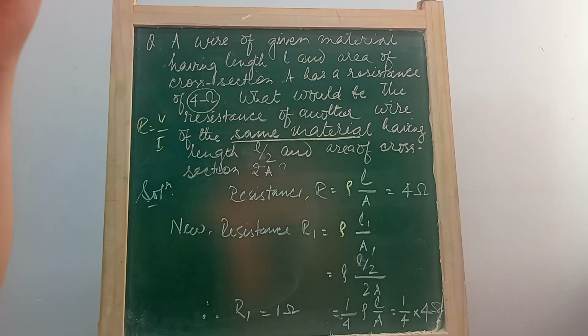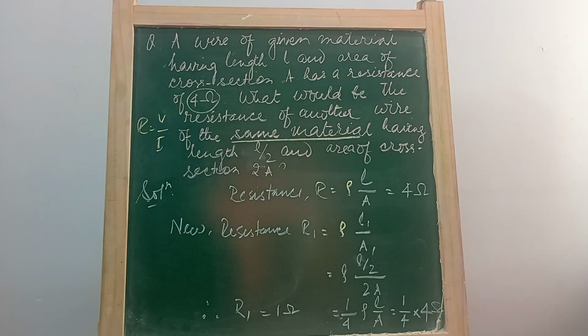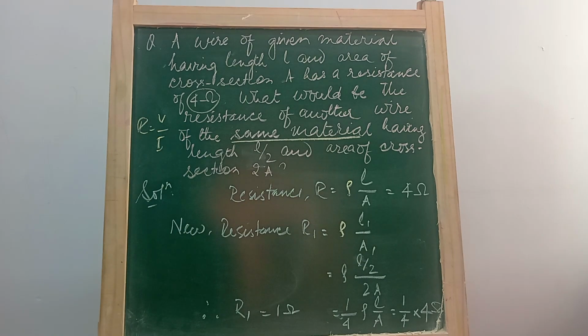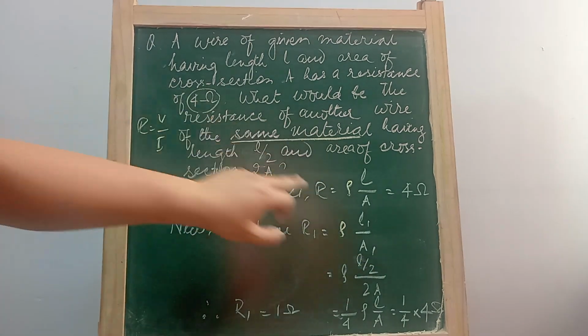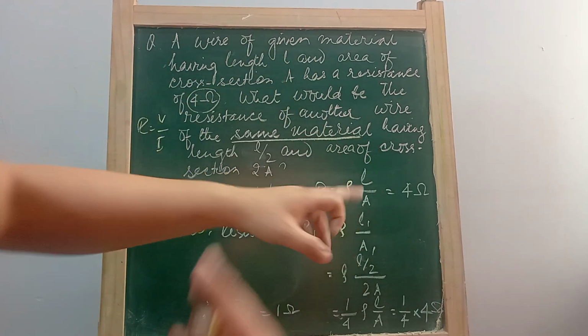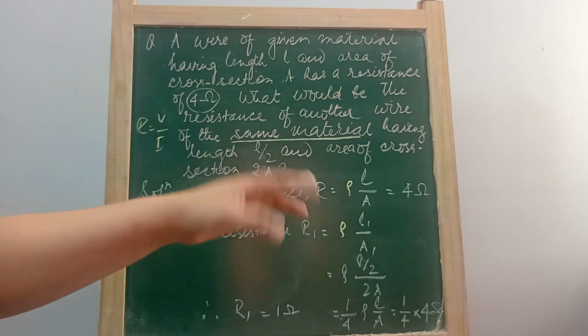They have not mentioned temperature, but temperature should be maintained constant, so that rho remains constant. Since they have the same material, their resistivity will be the same. For the initial case, the resistance is 4 ohm, given, when the length is L and the area of cross section is A. Let rho be the resistivity. We don't need to know rho because it won't be needed.